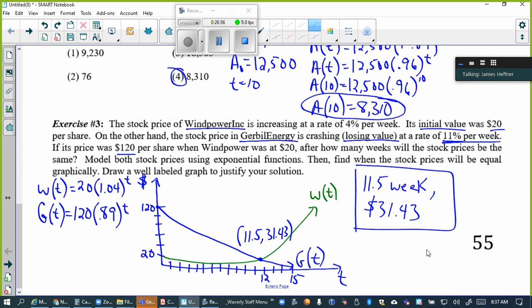Does anyone have any questions? Make sure you know which model you're going to use, whether it's the growth, 1 plus r, or decay, 1 minus r. And whatever percent they give you, what must you do to it to put it into the function?